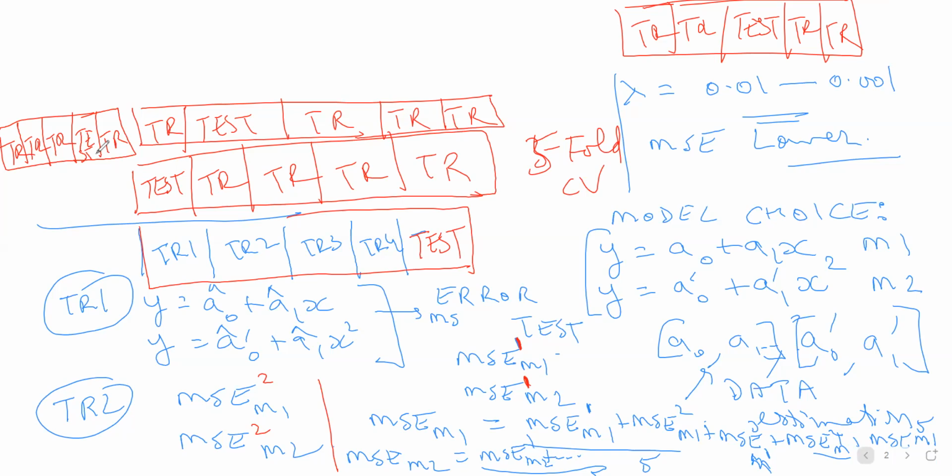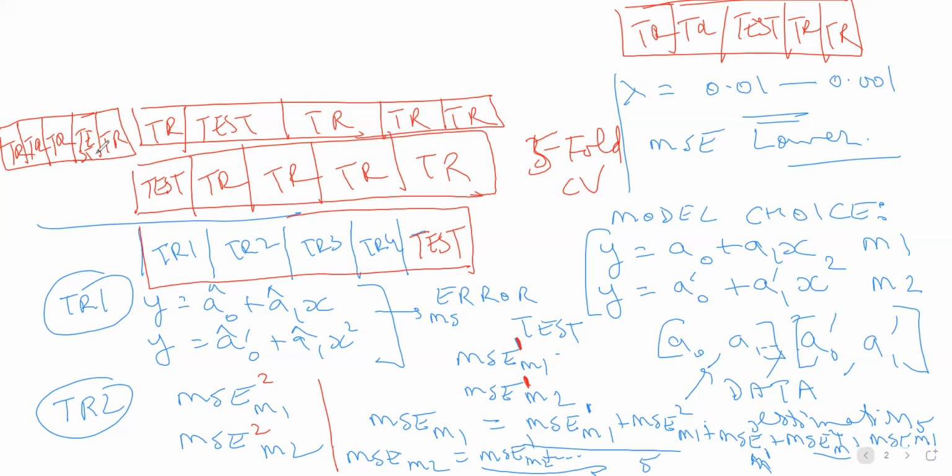We are calculating MSE 5 times for model 2. And we are averaging it out, and saying that the model whose MSE on the 5 test data sets, averaged out, is giving the lowest value is the choice. So it is model 1 versus model 2 versus model 3 versus model 4.